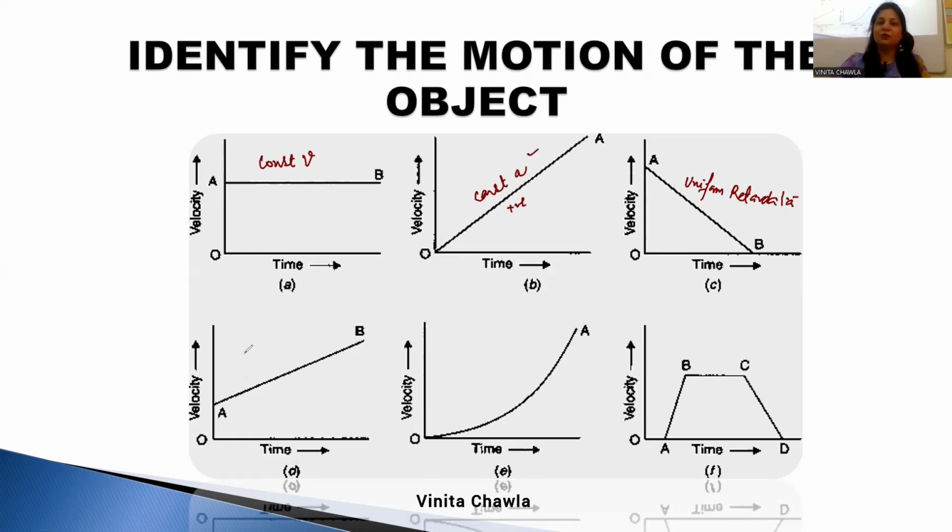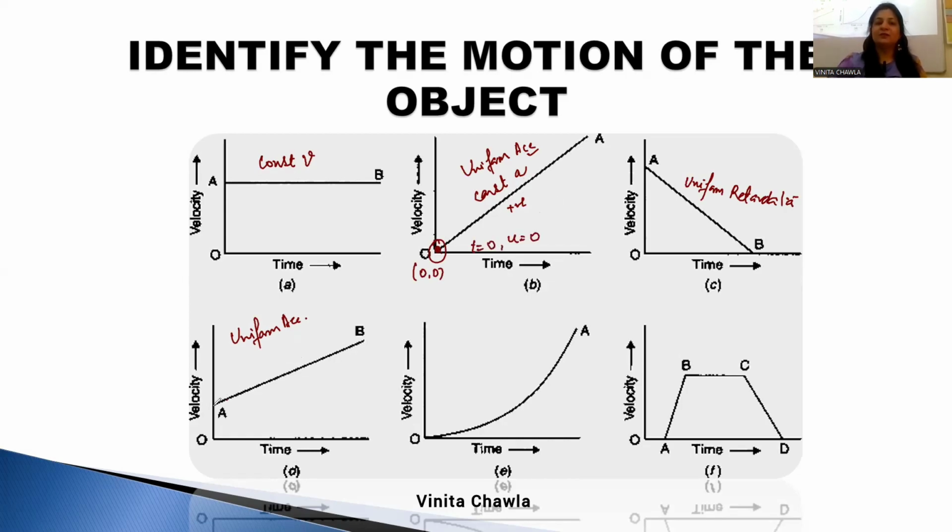This graph also shows uniform acceleration. So both graph B and graph D show uniform acceleration. The only difference is that at time t equals 0, velocity is 0 in one graph. Coordinates are 0, 0.